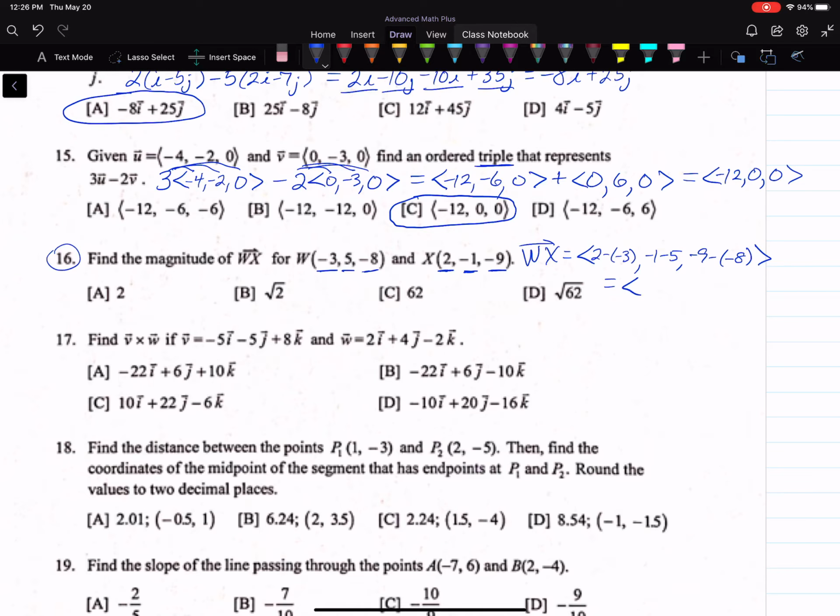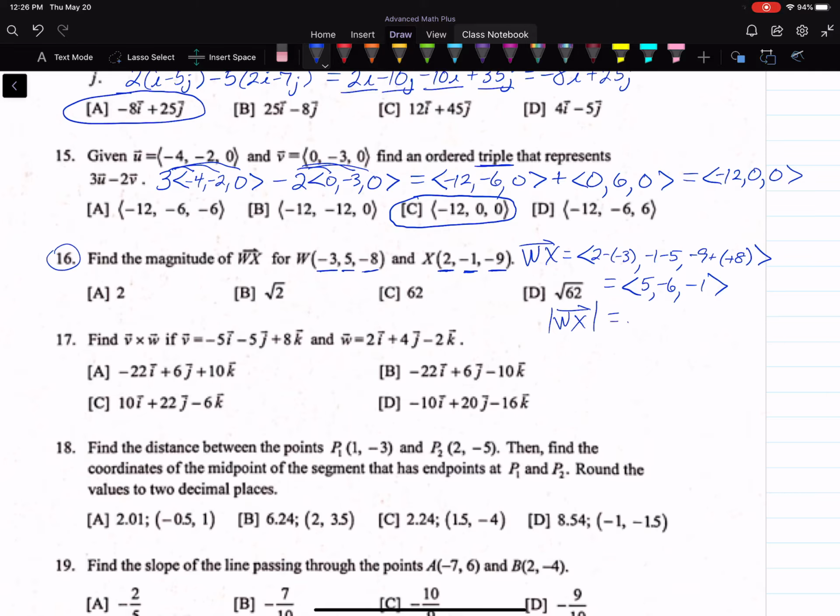And we simplify that. That will be 5, negative 6, and negative 1. So there's my vector.